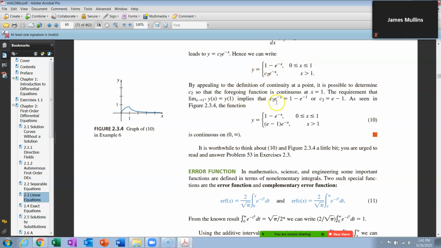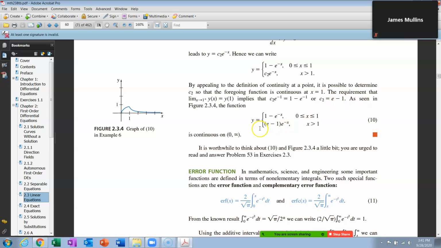And that implies that c2 e to the minus 1, and this is what I think we had written there, is 1 minus e to the minus 1. So if you multiply both sides by e, this becomes c2 is equal to e minus 1. And that's exactly what I think I had written down there.